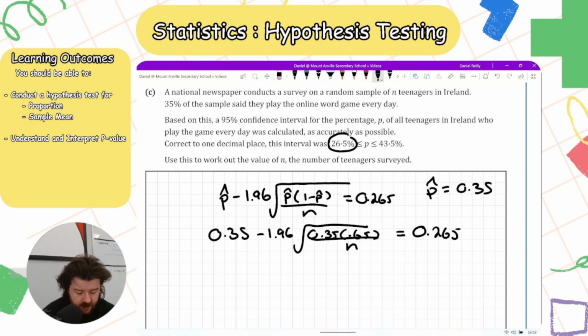That's going to be 0.265 minus 0.35, which is minus 0.085. Then minus 1.96 times the square root equals minus 0.085.